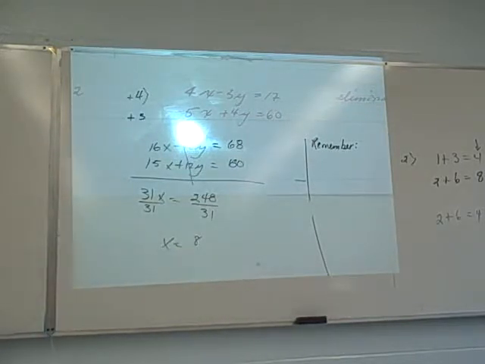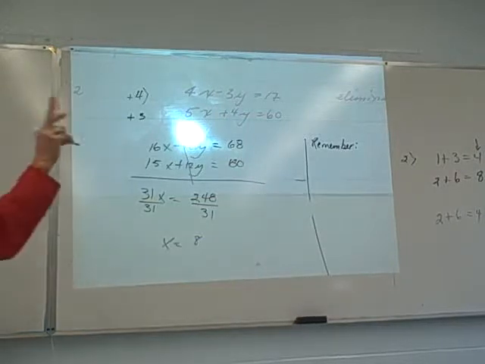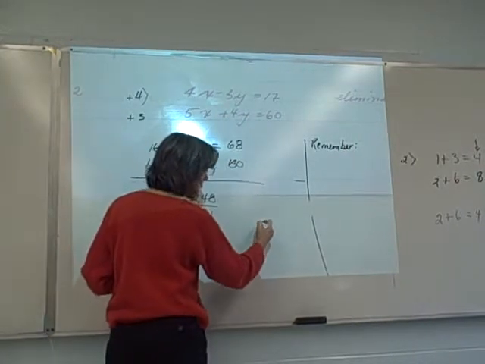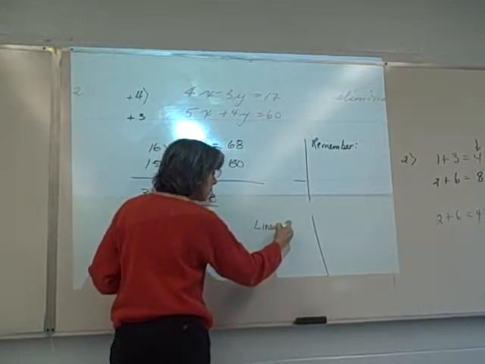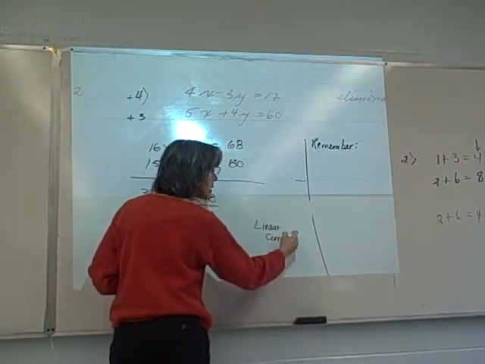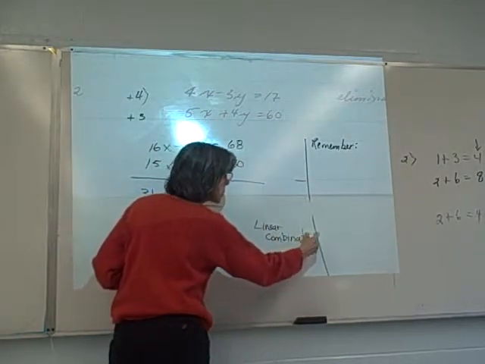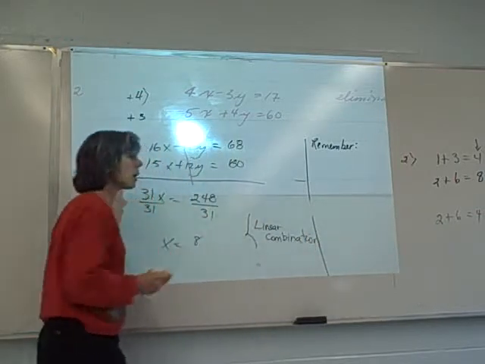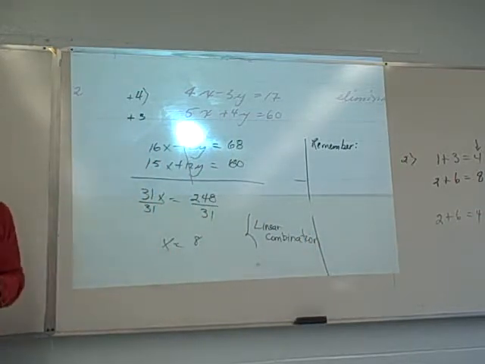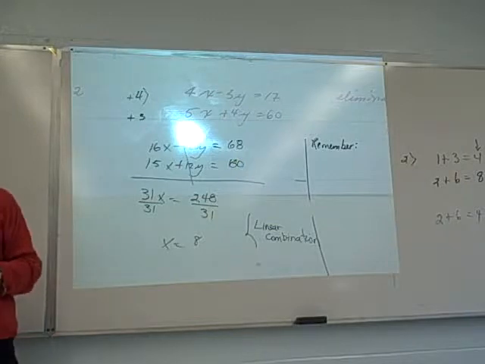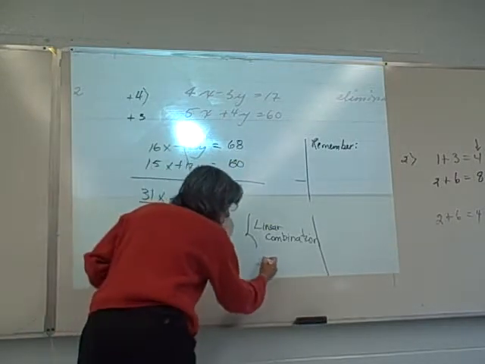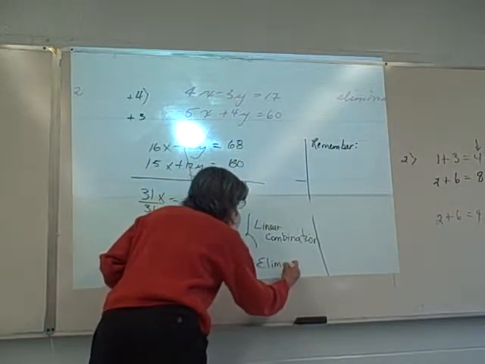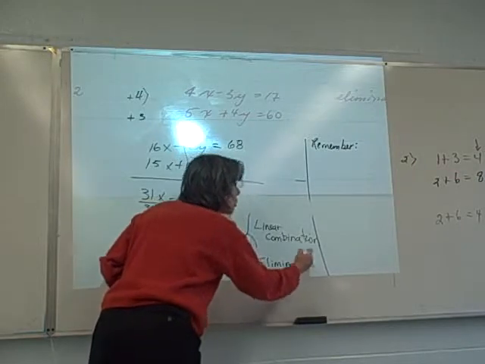Okay, so this process actually has two different names. It's known as linear combination, because aren't we combining the two equations? Okay, so it's called linear combination, but I like to think of it as elimination.